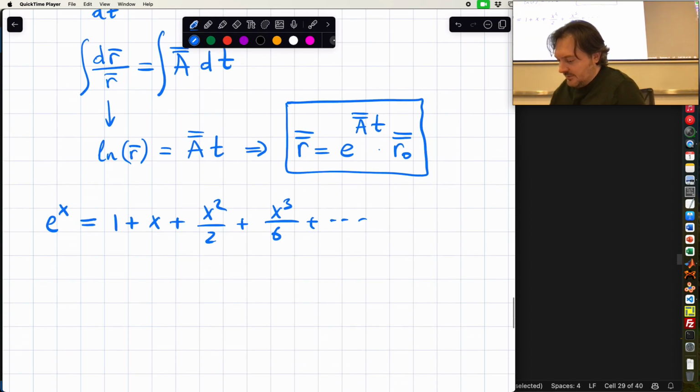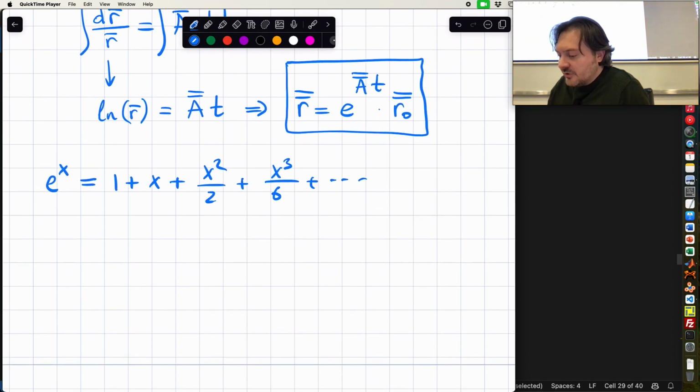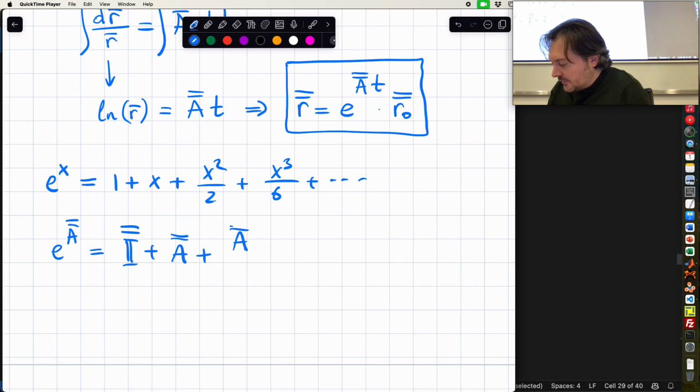Yes, very good. Now, you just replace that x with a matrix. Okay? So, e to the matrix is going to be the identity matrix plus that matrix itself plus the matrix squared over 2 plus matrix cubed over 6, etc.